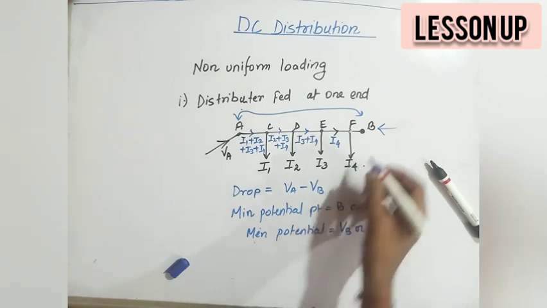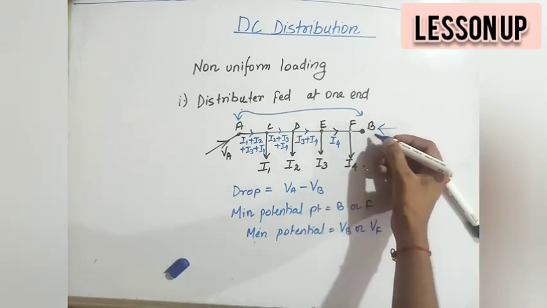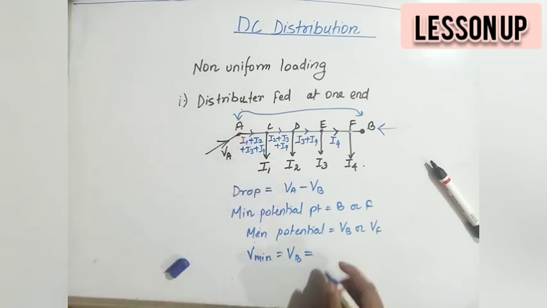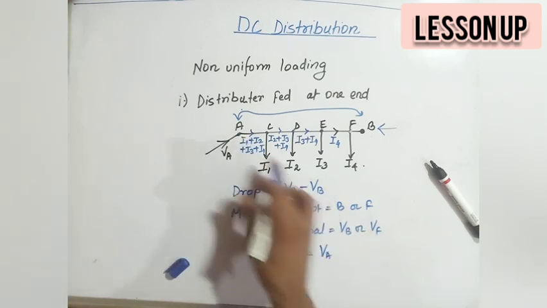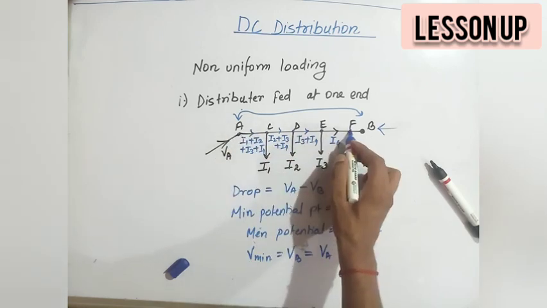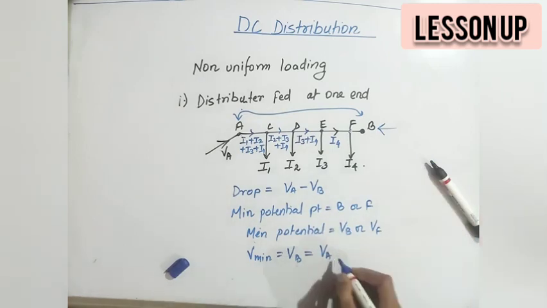Now to calculate the minimum potential, Vmin, or VB, it will be equal to voltage VA minus the drop between point A and F or A and B.